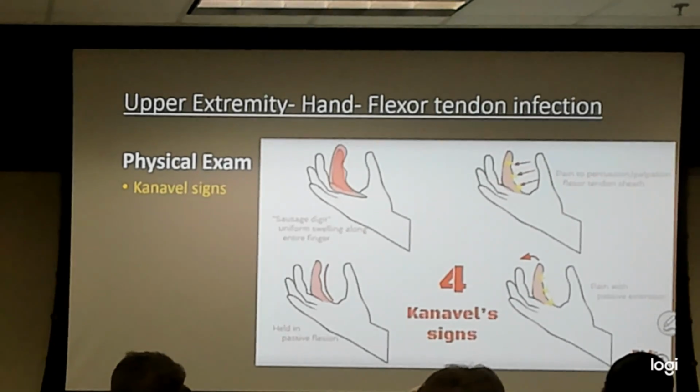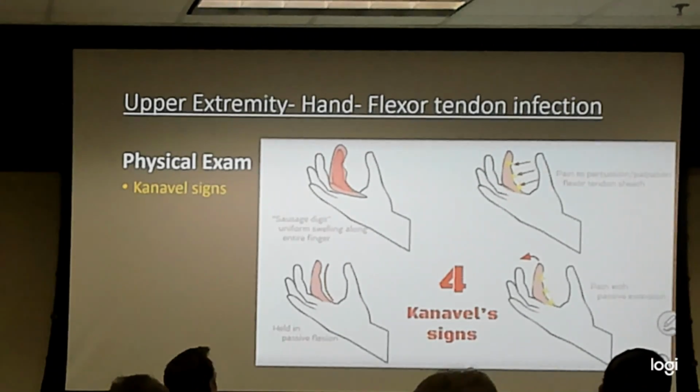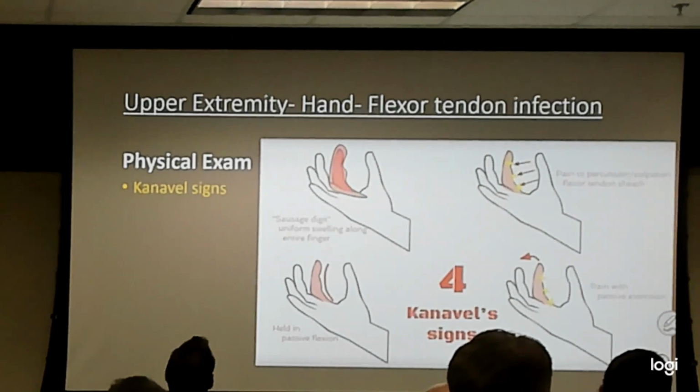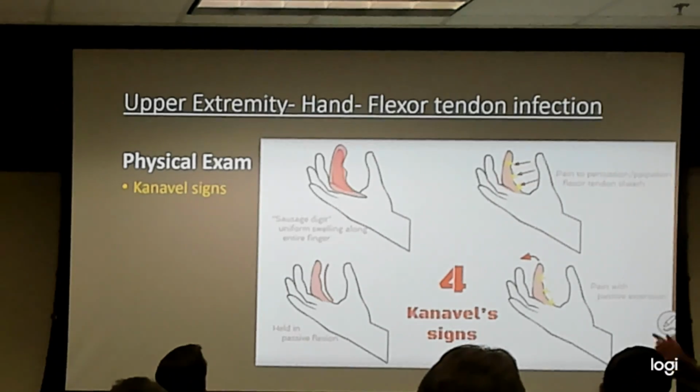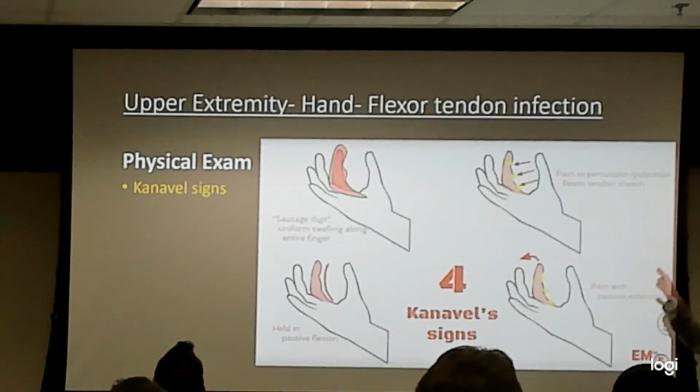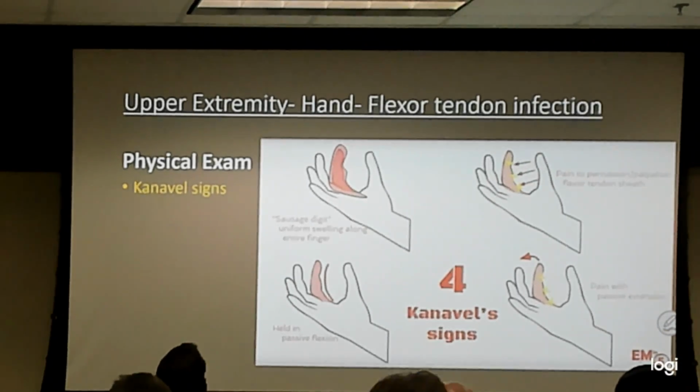The next question students usually ask me is, how many do I need to define this? Aside from sausage digit, they're pretty specific. Fingers, when they get swollen, look like sausages, so don't get wrapped around the axle on that particular one. But if you have that plus these others, that's pretty specific.